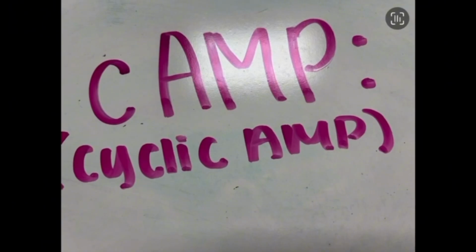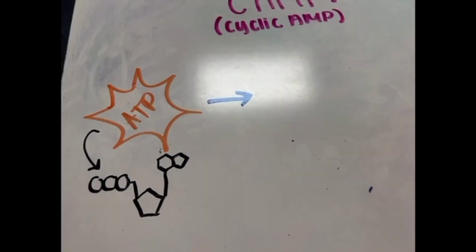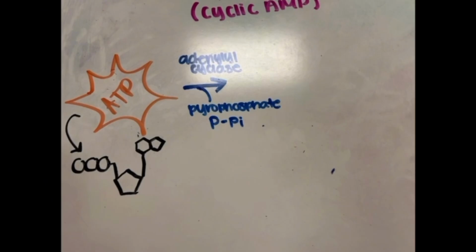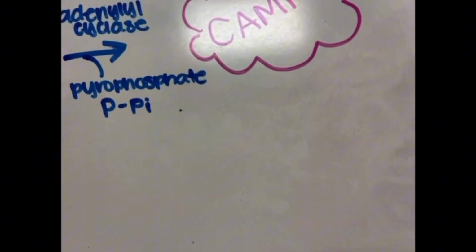Now let's talk about cAMP, or cyclic adenosine monophosphate. It is a crucial second messenger molecule involved in many cellular processes and acts as a messenger within the cells, relaying signals from hormones and neurotransmitters. cAMP works when a hormone binds to a specific receptor on the cell surface. This binding activates a G protein, which then activates the enzyme adenylyl cyclase.